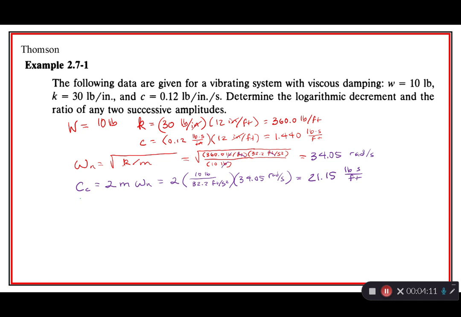We have C over CC, which is the definition of the damping factor, 1.440 divided by 21.15, which is equal to 0.06809. So that's very slight damping.